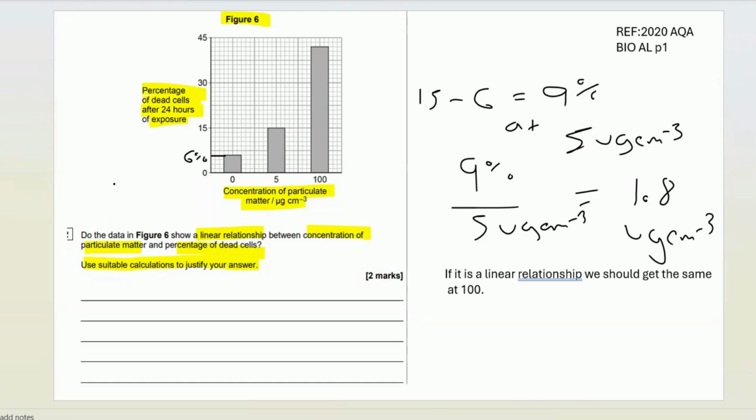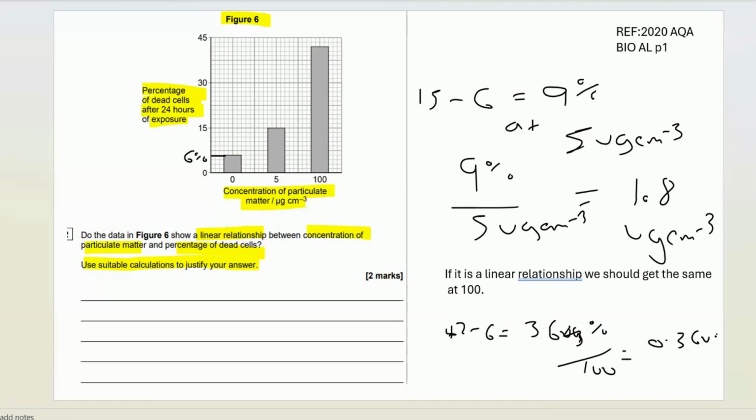Well, we go to the top of the 100 bar and we read off from there and we say, right, that's 42. So 42 minus the original 6% is 36. We've had a 36% increase in the dead cells when there's 100 micrograms of particulate matter.